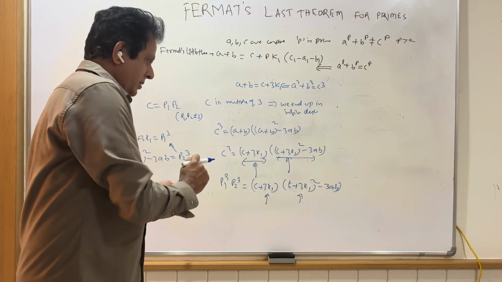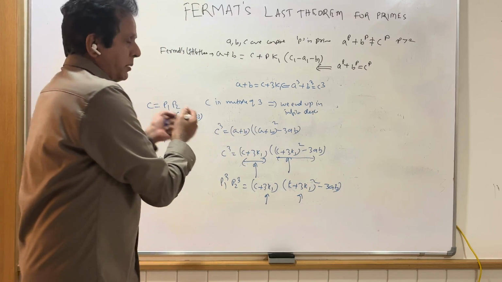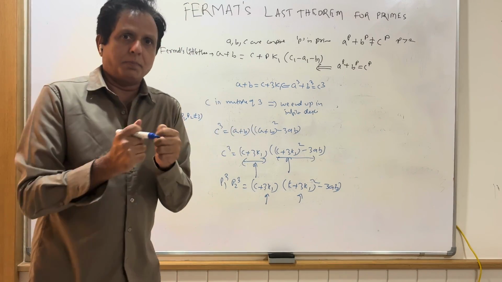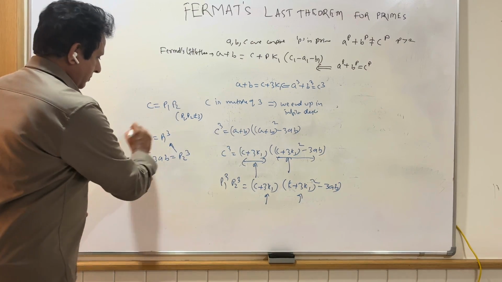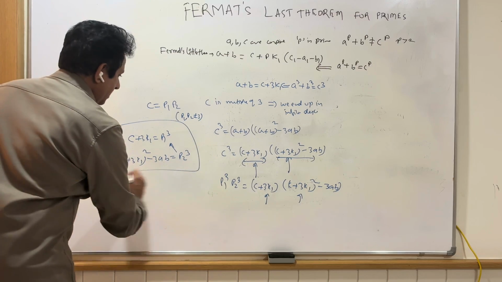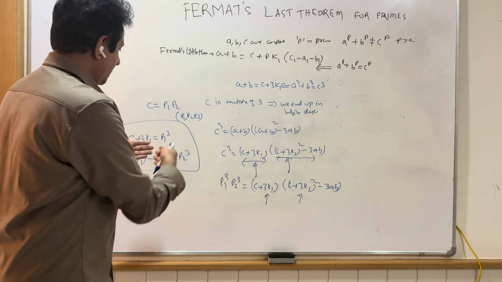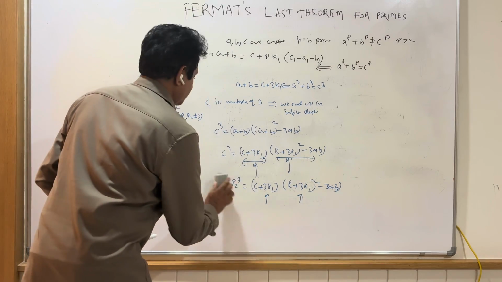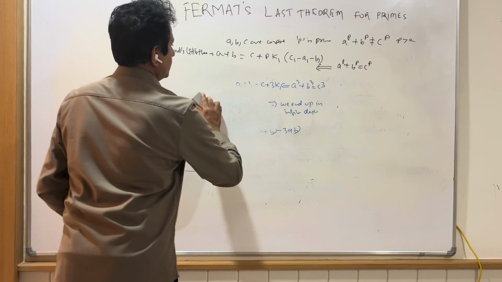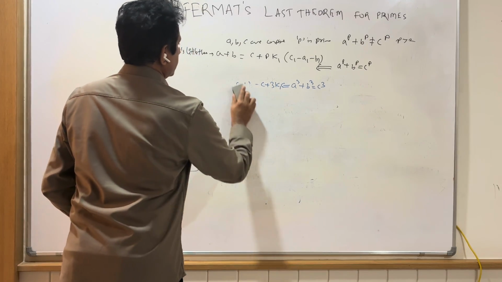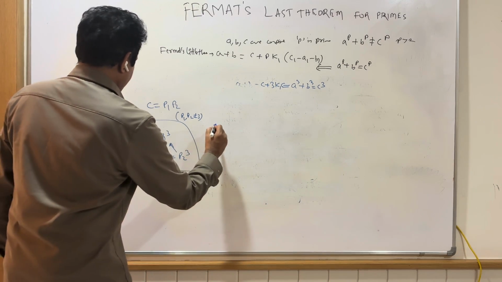What this also means is that c cannot be just a prime number. It should be made of 2 prime numbers. So once we have this equation, we are trying to see whether we can get some positive integers out of this. So c plus 3k1 is p1 cube.